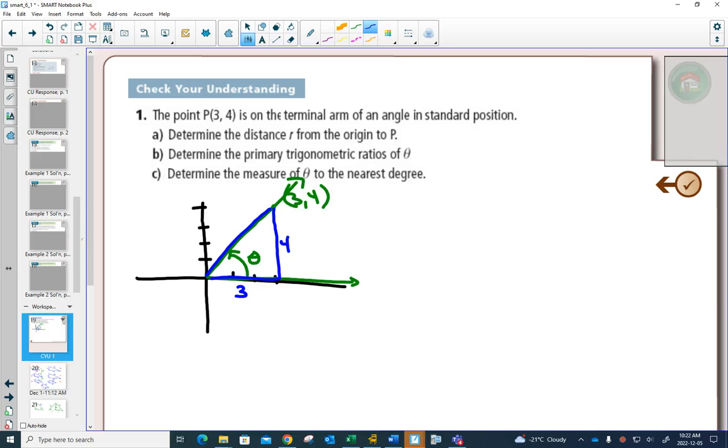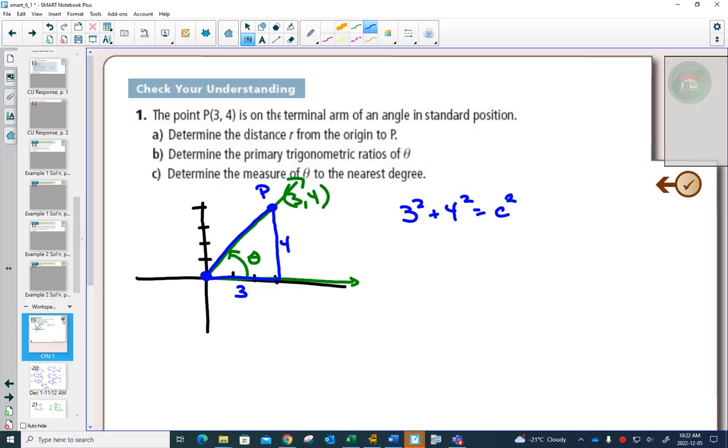And if it wants us to find the distance from the origin to the point P, well, then you just have a squared plus b squared equals c squared. So we would have 3 squared plus 4 squared equals c squared. Does anybody recognize this triangle? It's like the most famous right triangle ever.